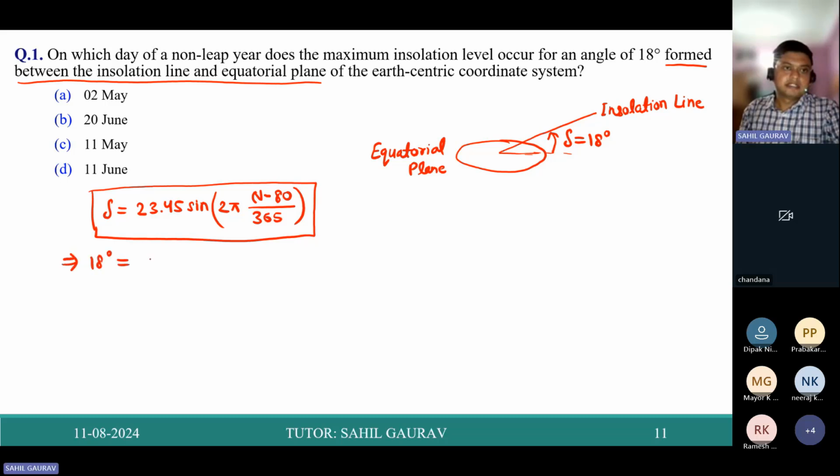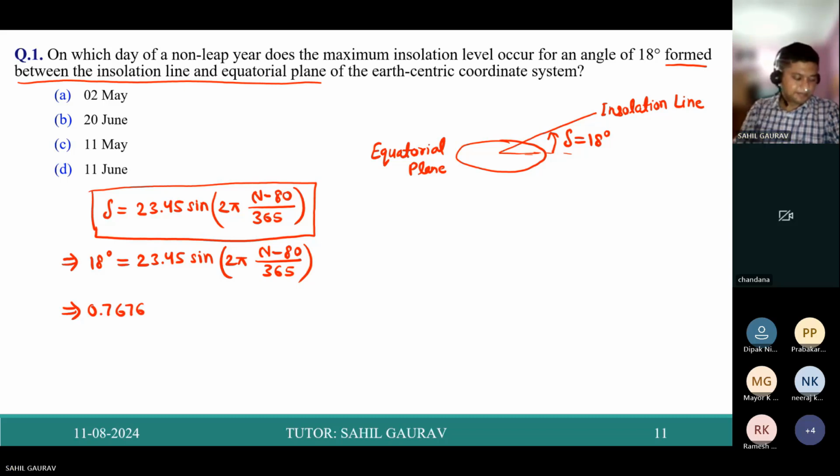So 18 degree equals 23.45 sine of 2 pi (n minus 80) upon 365, so the sine term is 0.766.